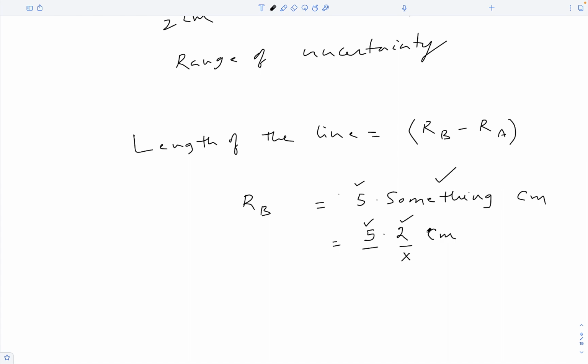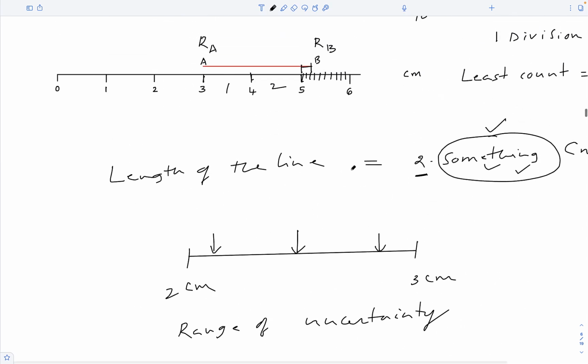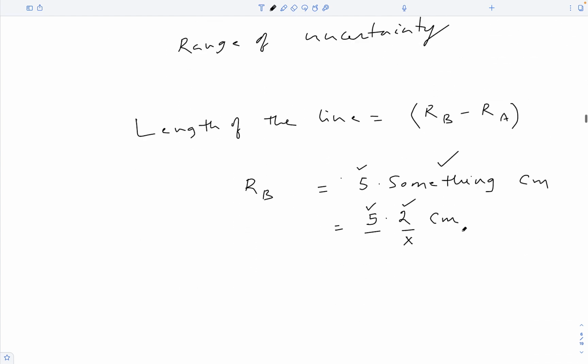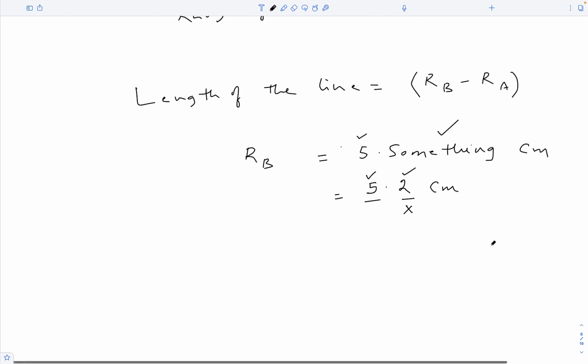And my imagination need not be 100% accurate. So if someone else takes the reading of this end of the line, they may say the reading is actually 5.1 centimeters because their imagination could be different from mine. And yet another person might say that the reading is actually 5.3 centimeters.